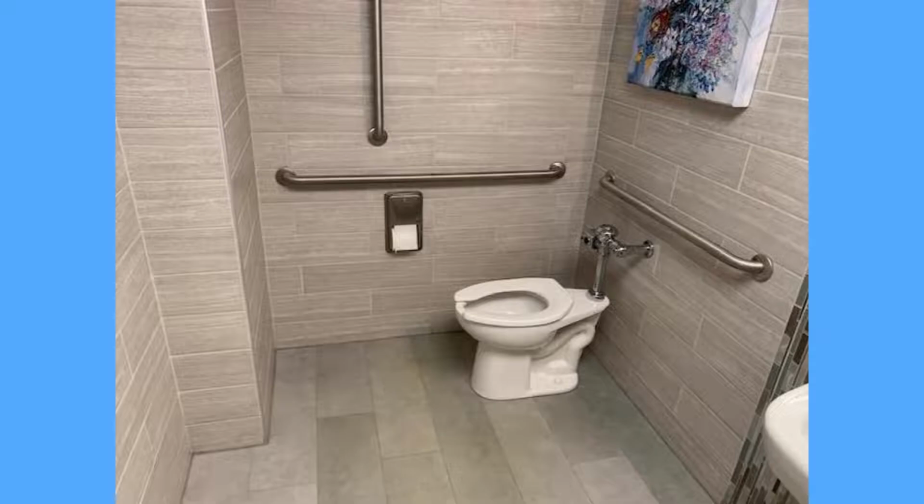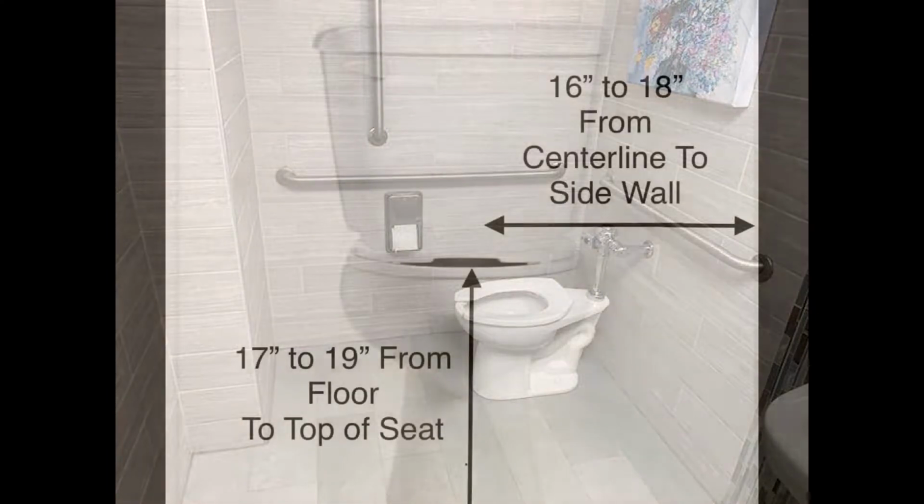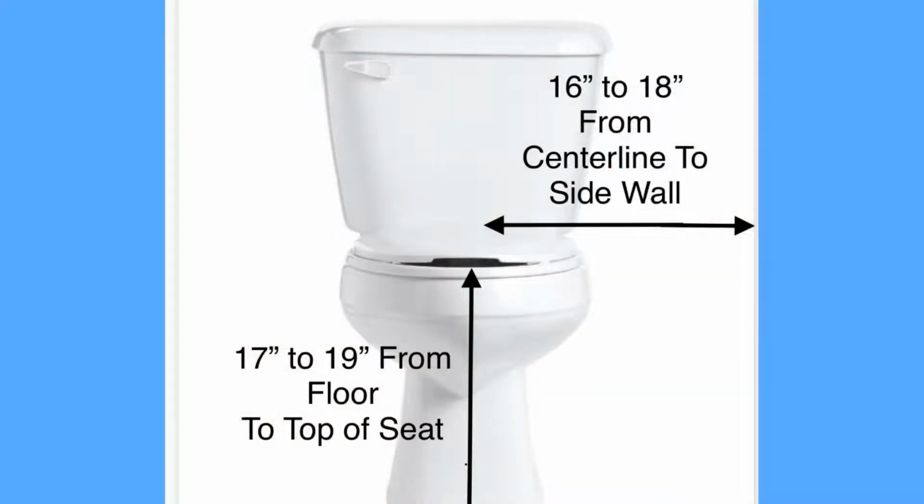The handicap water closet must be positioned with a wall behind it and a wall to one side. The center line of the water closet shall be 16 inches minimum and 18 inches maximum from the side wall.